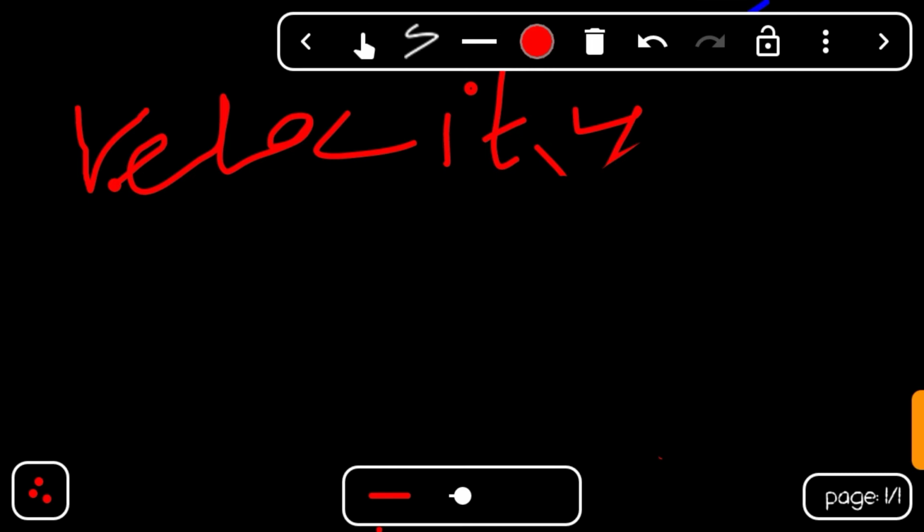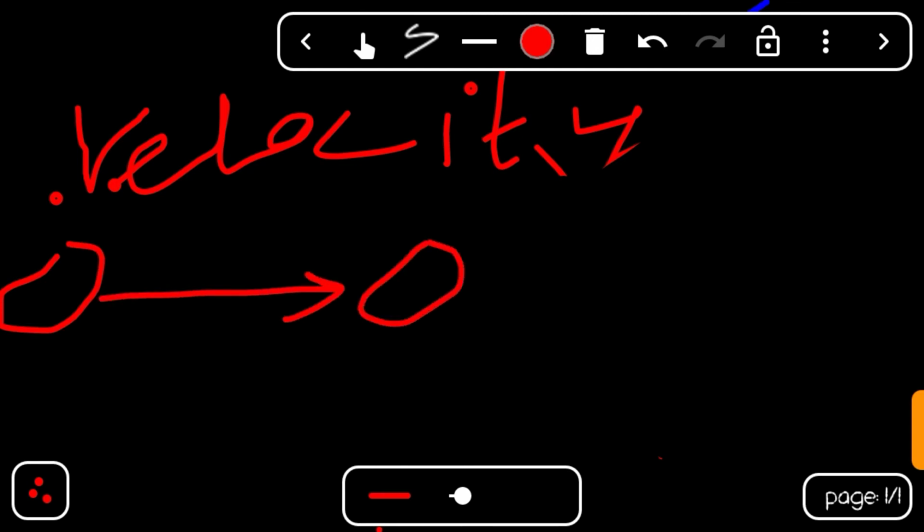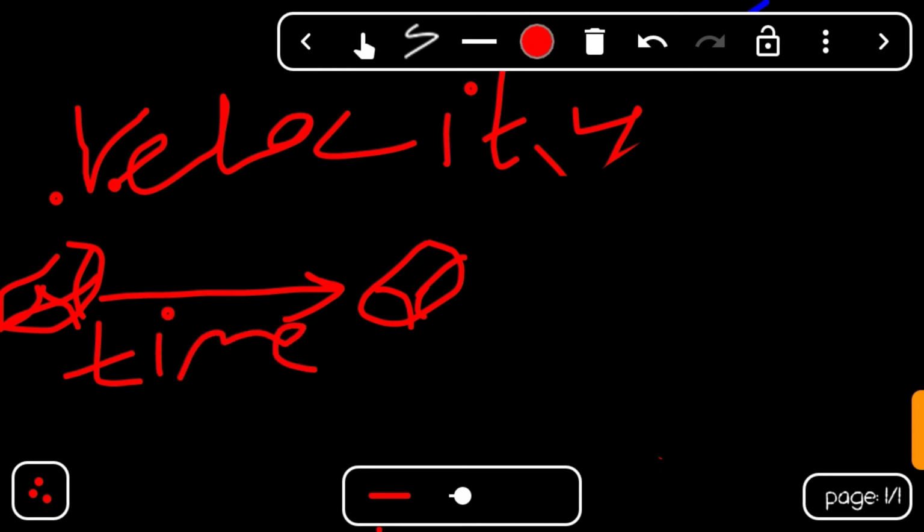Okay, displacement. So velocity can be defined as the rate of displacement of a body. I'm going to cite an example of a ball again. Do not mind my drawing, sorry. The time it takes this ball to cover this displacement.